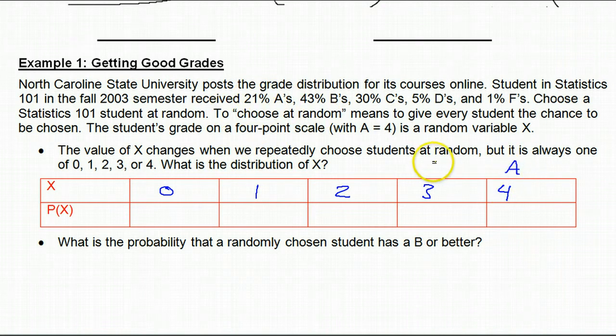Remember, this is A, this is B, this is C, this is D, and this is F. So there were 21% A's, so that's 0.21, and then 43% B's is 0.43, and then 0.30, 5% D, so that's 0.05, and 1% F, so that's 0.01. Okay, so this is the probability distribution that we are working with.